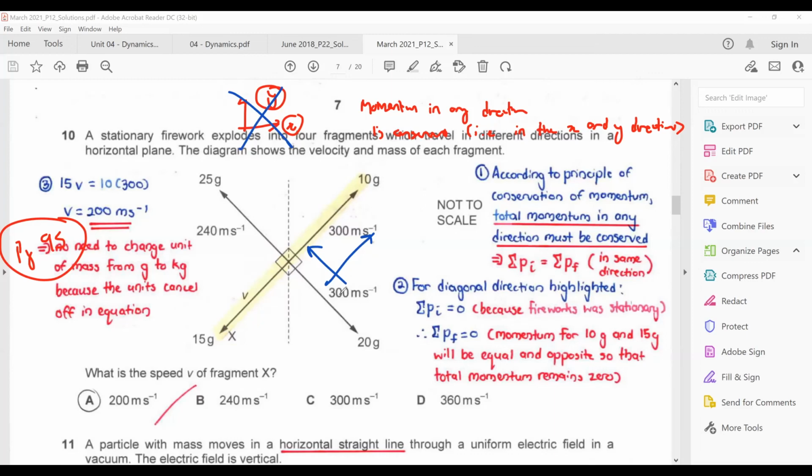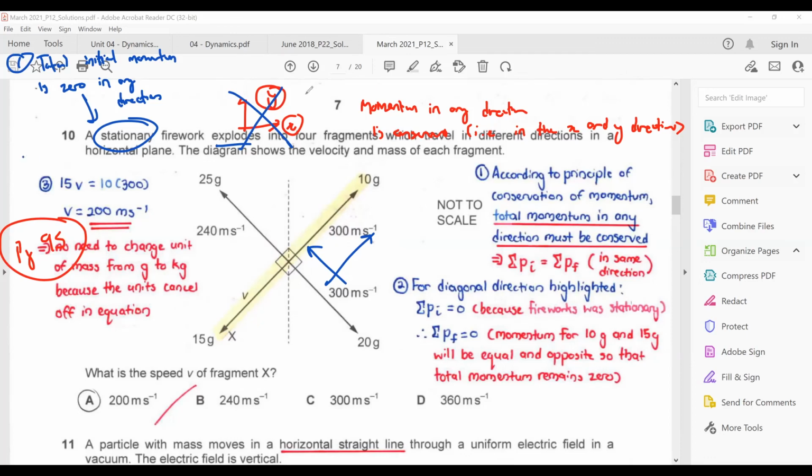Okay, so you know that this one is a stationary firework that explodes, you know that total initial momentum is 0 in any direction. This one is the first thing you know. Total momentum is 0 in any direction.